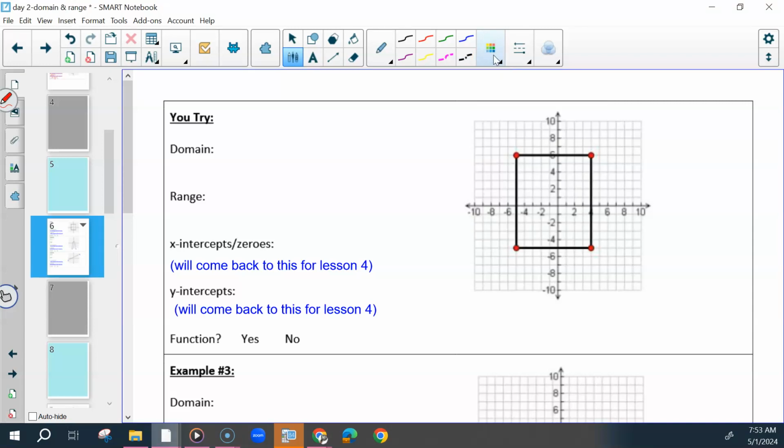What was the domain for this? So start it from the beginning. And then if we were writing that in interval notation, negative 5, 3, 4, that should be 4. Okay, and the range?